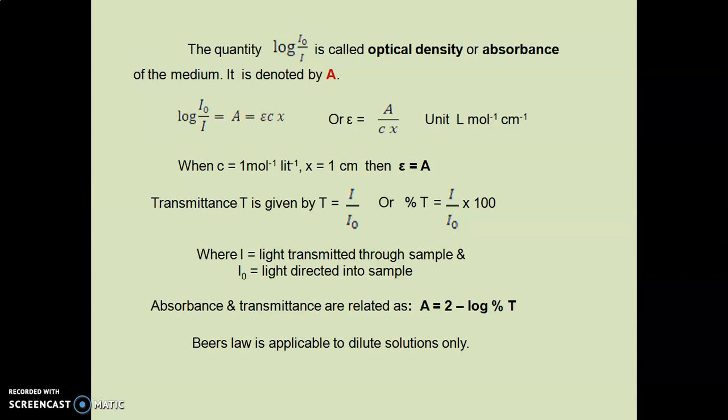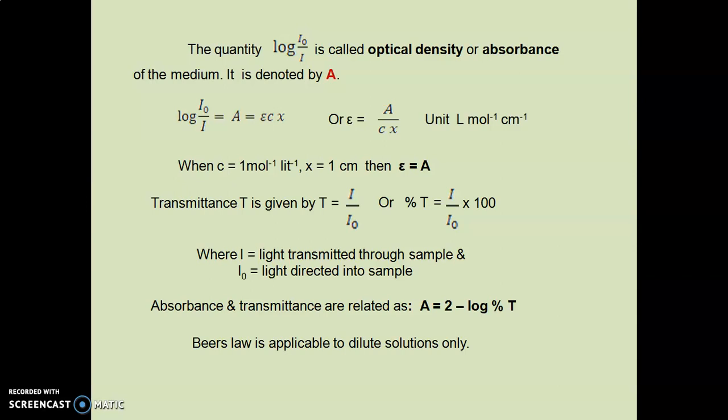Or you can calculate the value of epsilon as A divided by C into x. Now the unit becomes liters per mole per centimeter. Now if the concentration is expressed as 1 mole per liter and x is equal to 1 centimeter, then molar extinction coefficient epsilon is equal to A.